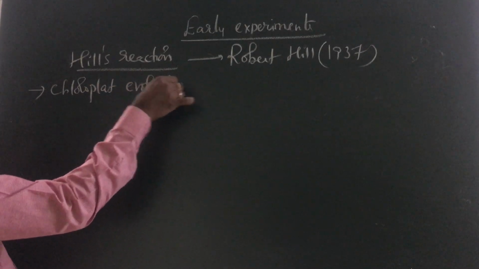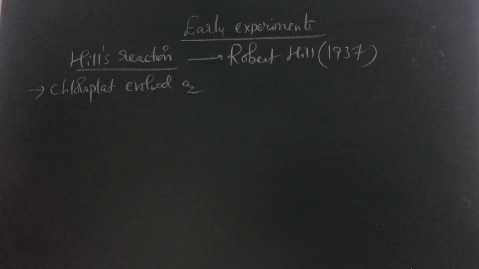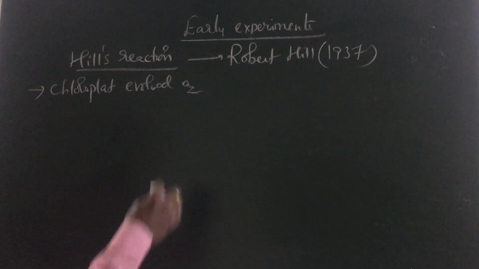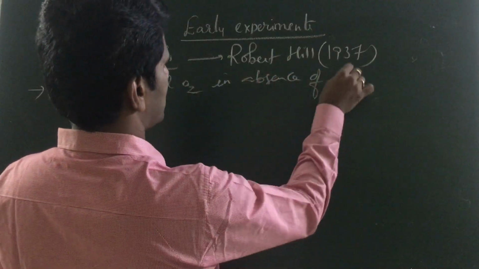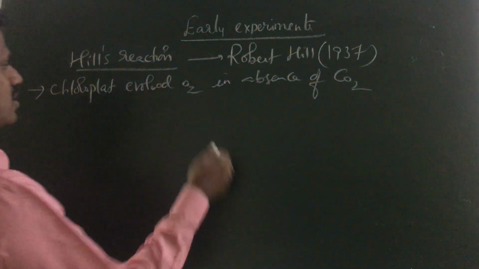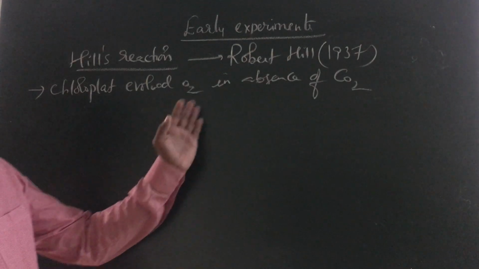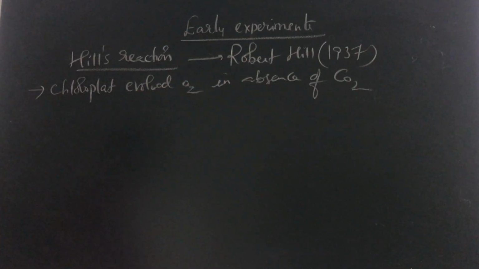The chloroplast evolves oxygen in the absence of carbon dioxide, because the oxygen is from the water, not from the carbon dioxide.